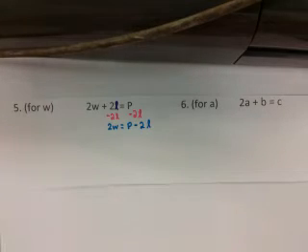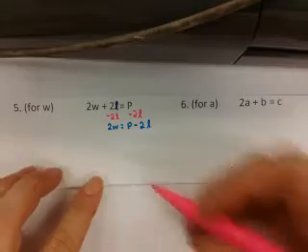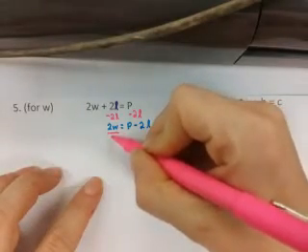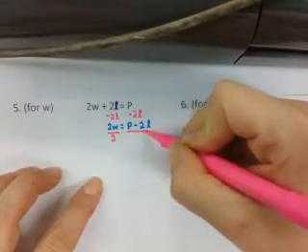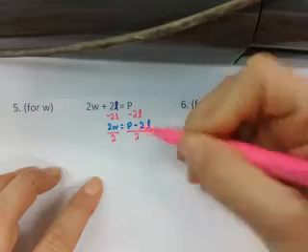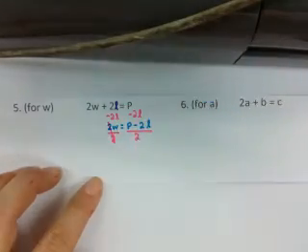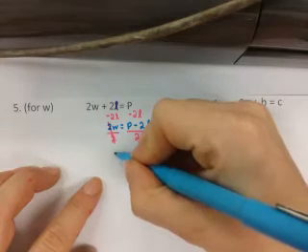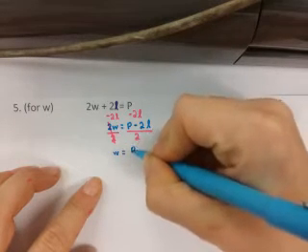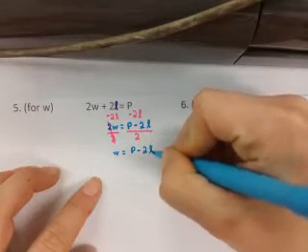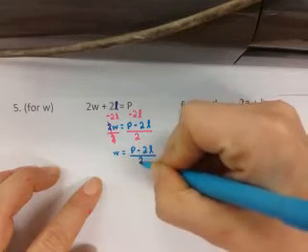But we don't want 2 w's, we want just w. So that 2 is multiplying by the w. Now we're going to divide by 2 because dividing by something undoes multiplication. So these 2's cancel out. We're left with w is equal to p minus 2l over 2.